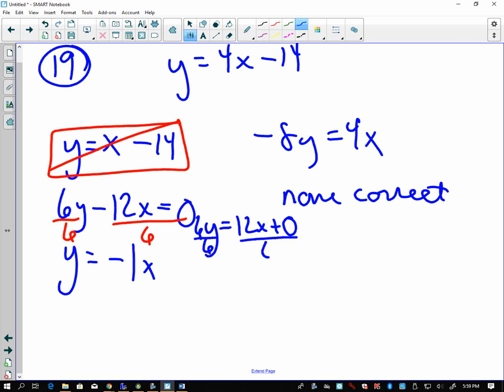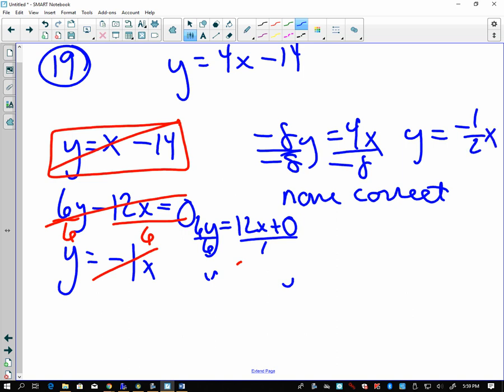Divide by 6, I get y equals 2x plus 0. It doesn't have the same slope, so it's also out. Over here, I could divide by negative 8. That's going to give me y equals negative 1/2 x. That doesn't have the same slope. In this case, none of them are correct.